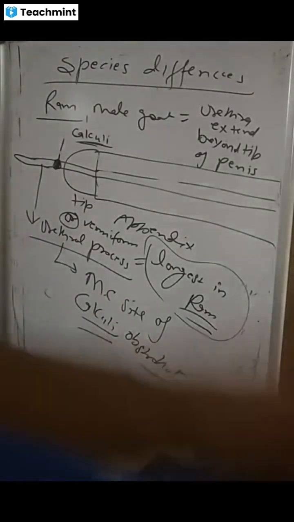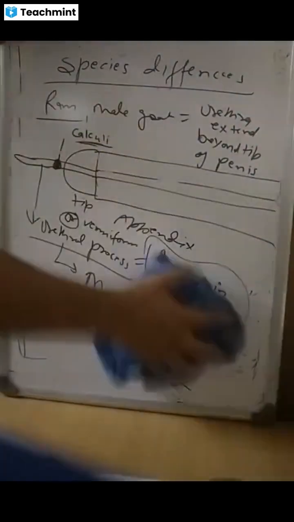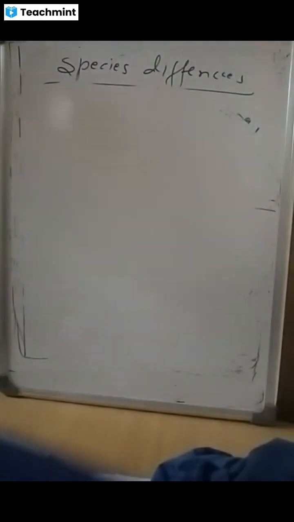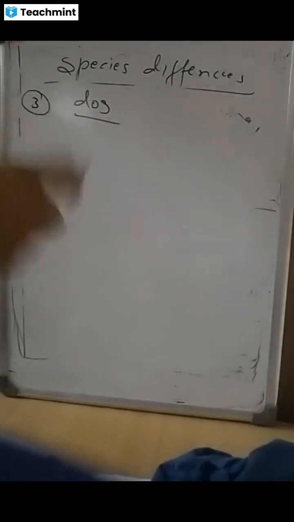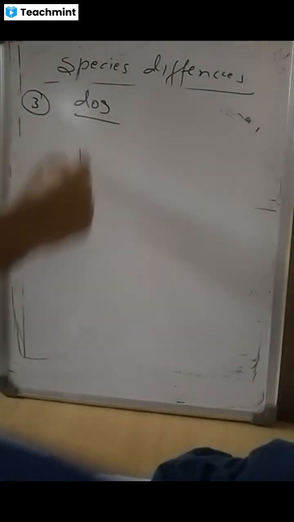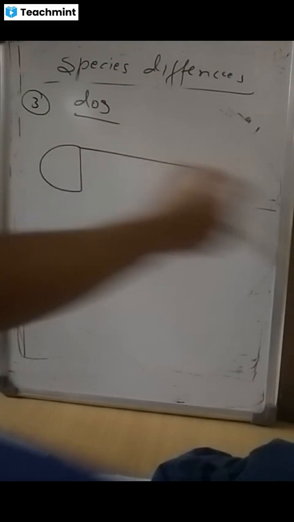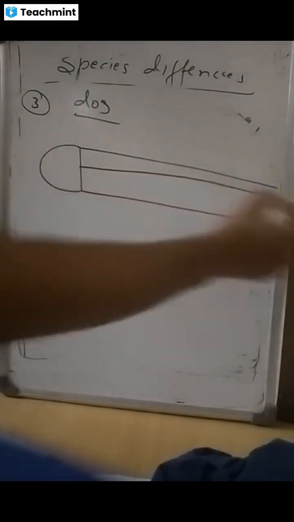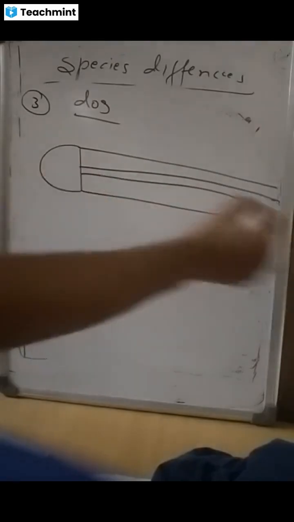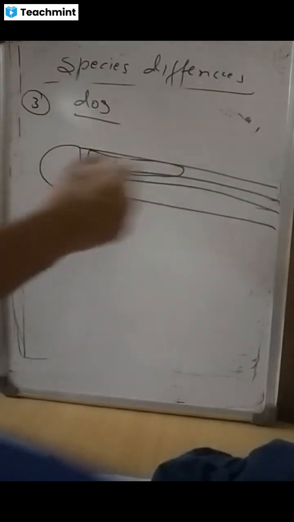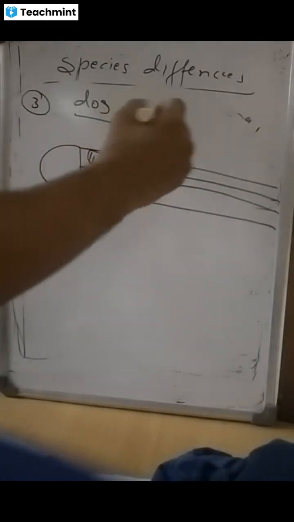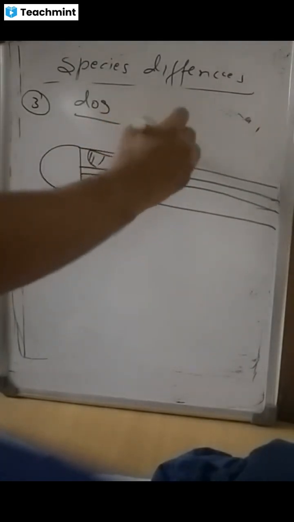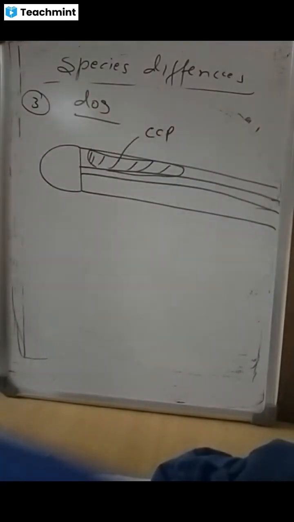Third species difference. Case of dog. This is the urethra. Above this, this is for the corpus cavernosum muscle.